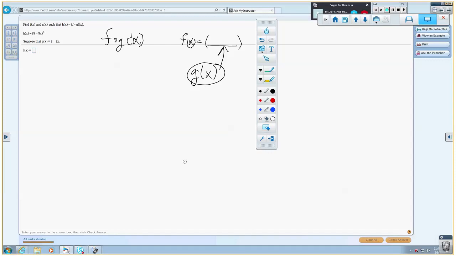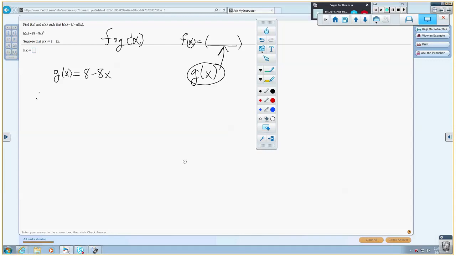You got parentheses and you got something squared. So 8 minus 8x is what? G of X. And it says it right there. So G of X is equal to 8 minus 8x.